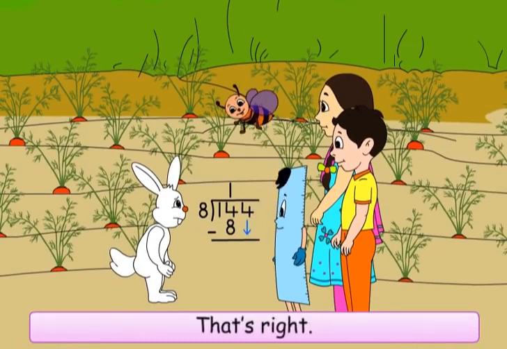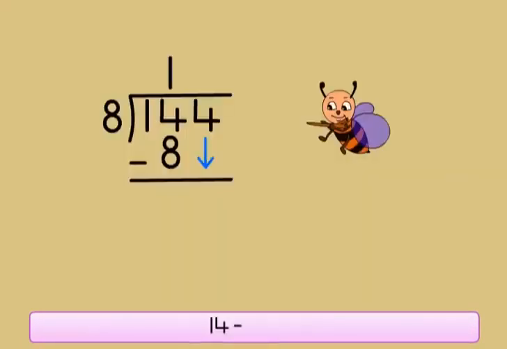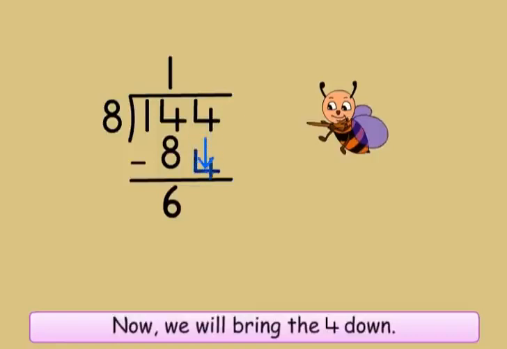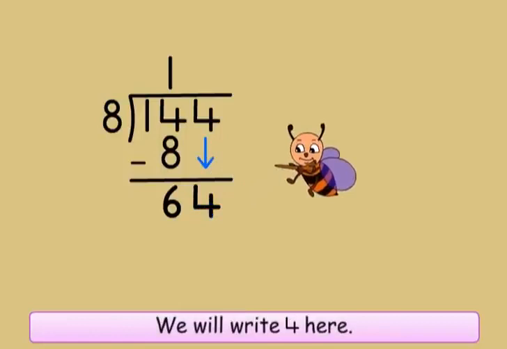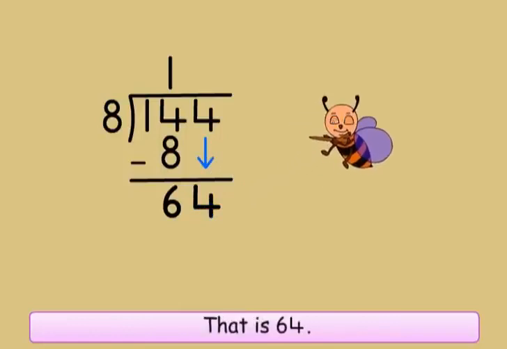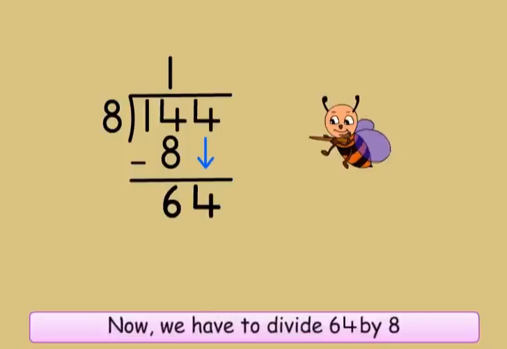That's right. 14 minus 8 is equal to 6. Now we will bring the 4 down. We will write 4 here. That is 64. Now we have to divide 64 by 8.